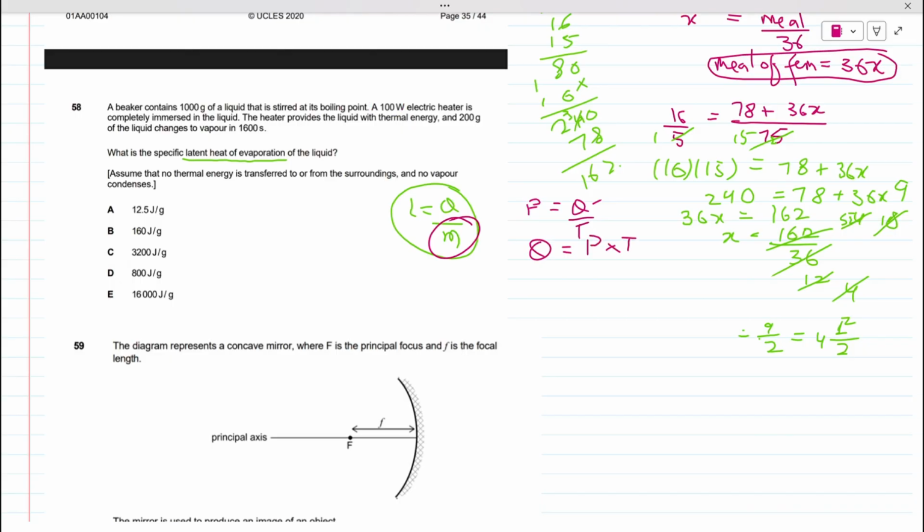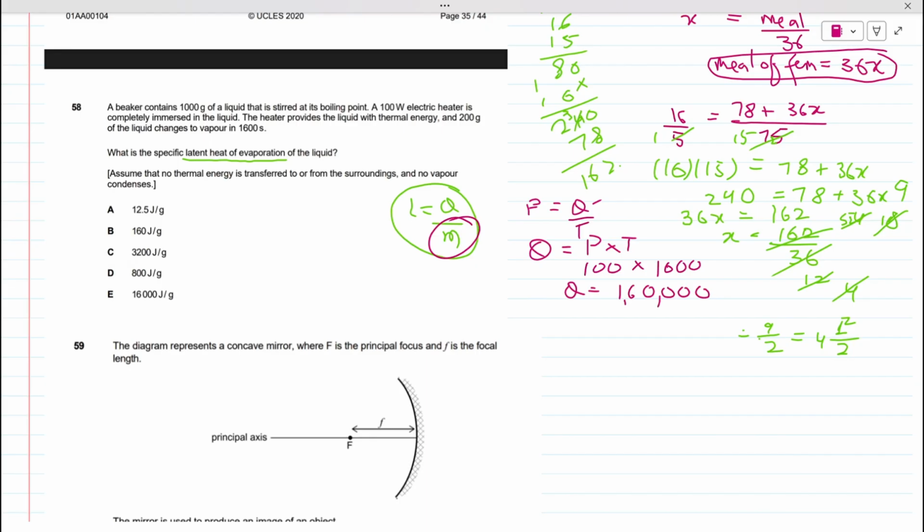Power is given to us, which is 100. Time is given to us, which is 1600. Then energy comes out to be 1,60,000, right?